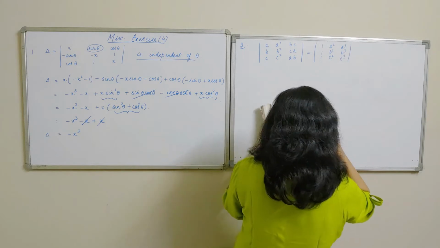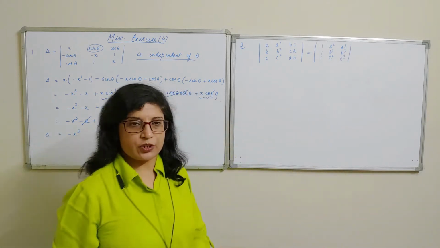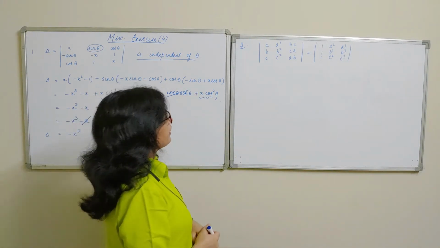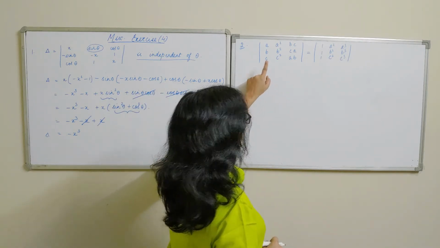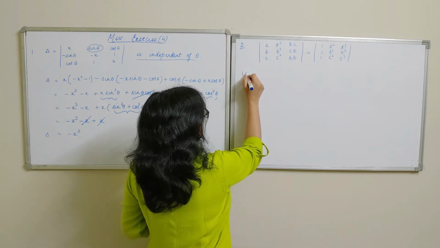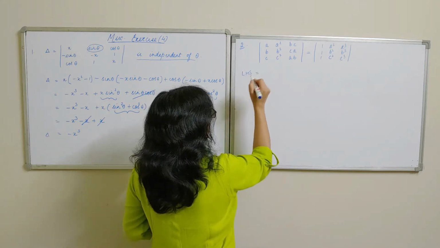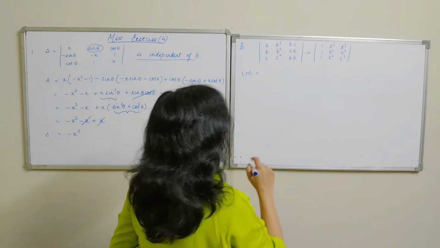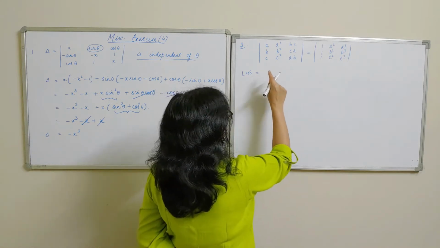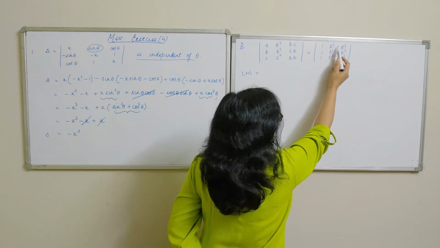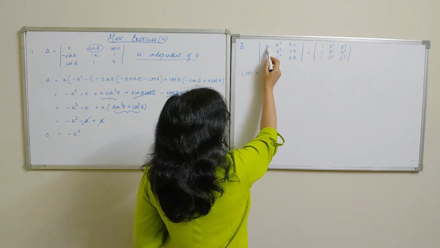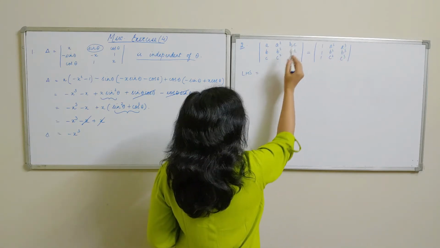So it is mentioned here that we are not expanding the determinant. So if we are not expanding the determinant, then this is where we can work upon. So we'll start with the left hand side determinant, and in the left hand side what we shall do here is, you can see here we need terms like a square and a cube. So let us multiply the first row by a.